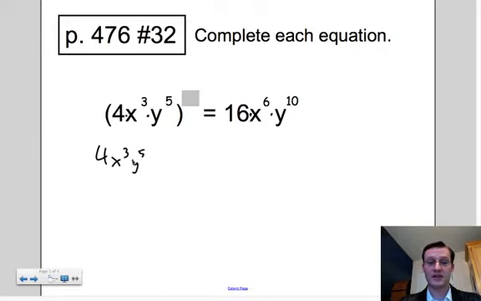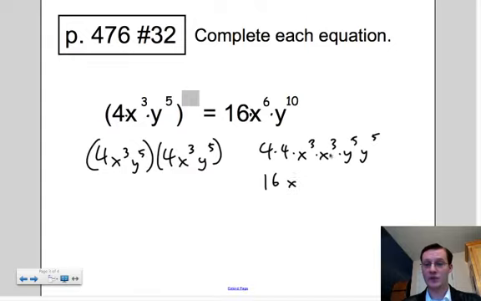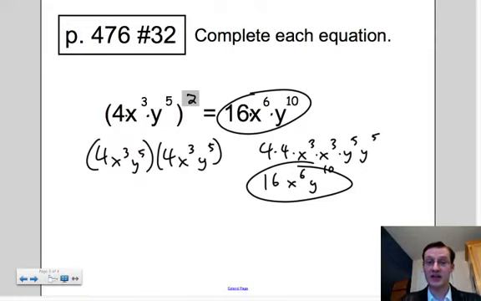Let's rearrange it using the commutative and associative properties. 4 times 4 is 16. X, we're going to rack them up, x to the sixth, rack them up, y to the 10th. And you notice that's exactly what we wanted to have. How many copies did I have to make? I had to make 2 copies.